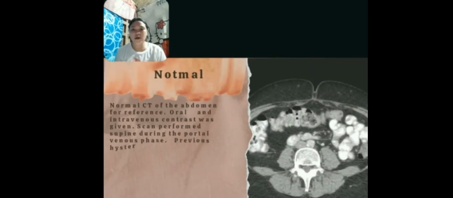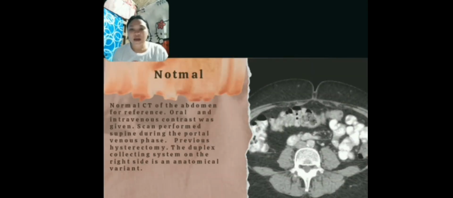So the normal is a normal CT scan of the abdomen. For reference, oral and intravenous contrast was given. The scan was performed during the portal venous phase.